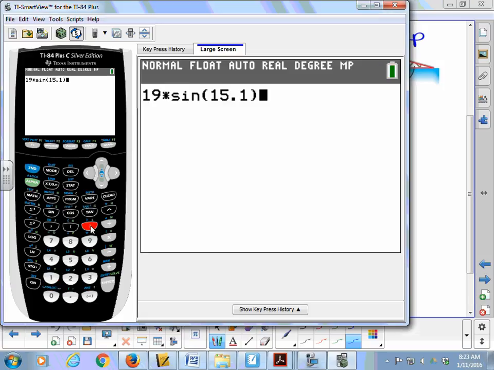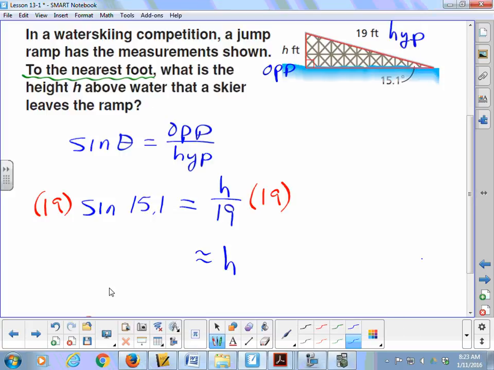Make sure you always put the angle after the trig function. So we get approximately 4.95.